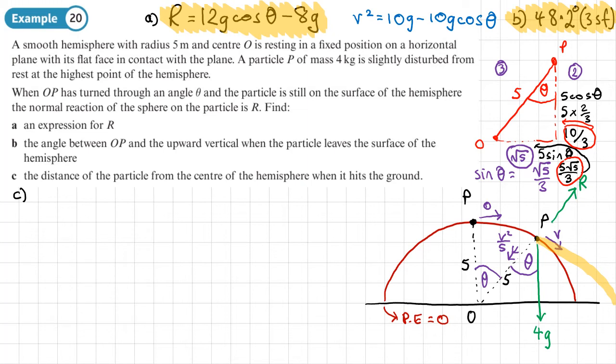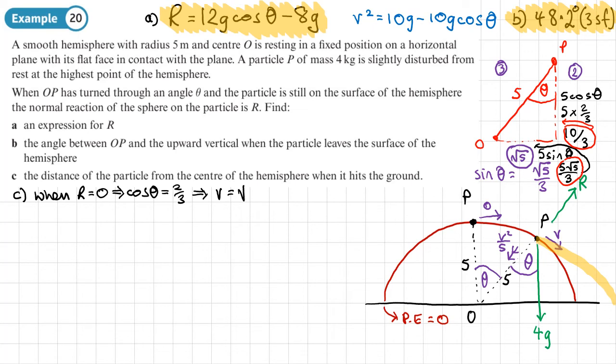Now we also need to work out the velocity here, and then use that to find out the speed at this point, and then we can use that to find out what the horizontal and vertical velocities are at that point. So when it leaves the circle, when R equals 0, we know that the cosine of the angle is 2/3. So that means that v is going to be equal to the square root of this.